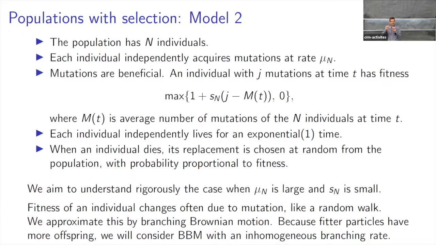And because there are many mutations, each of them having only a small effect on fitness, this random walk should be well approximated by Brownian motion. And so instead of studying the original population model, we're going to study a model that's based on branching Brownian motion. And because fitter particles are more likely to have offspring, we're going to consider branching Brownian motion with an inhomogeneous branching rate. That is, the branching rate will depend on the position of the particle.